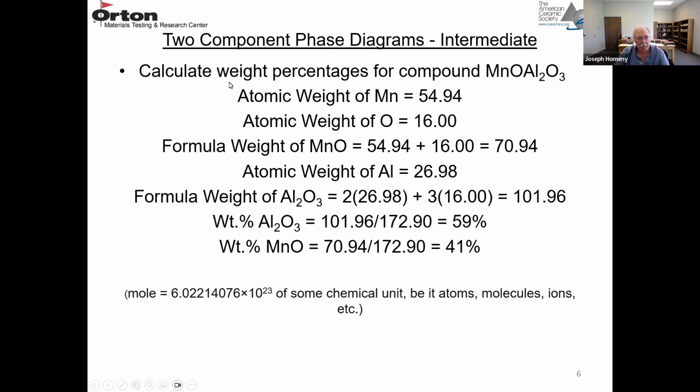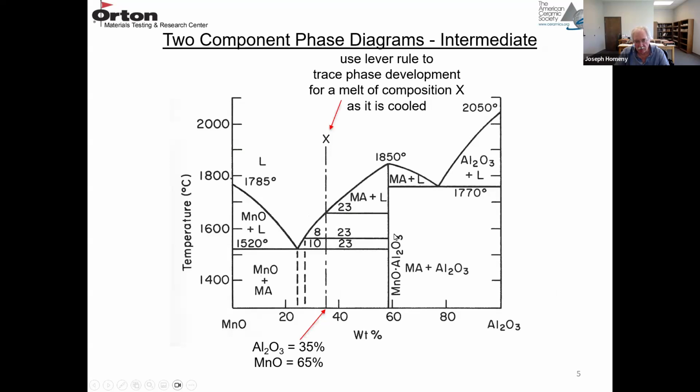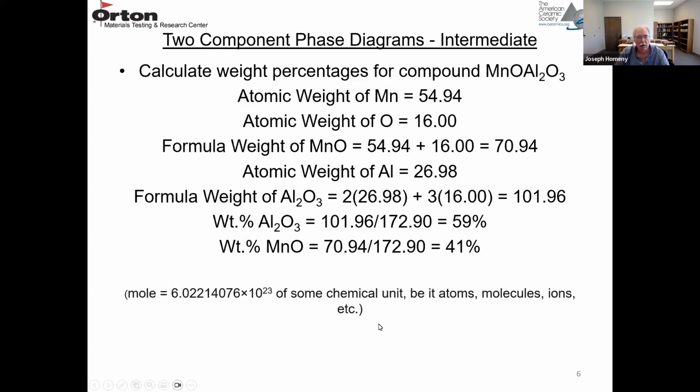I just put this on here to calculate the percentages for this compound MnO Al2O3, which is Ma, or MnAl2O3 on this diagram, this vertical line, which is about 59% Al2O3 and 41% MnO. I just put down the atomic weights here.